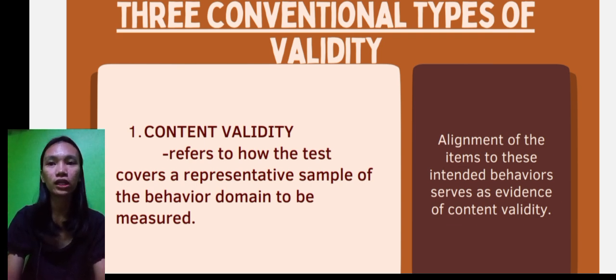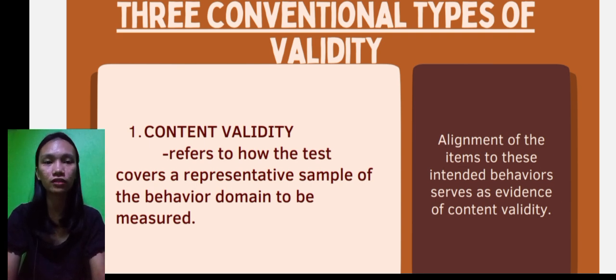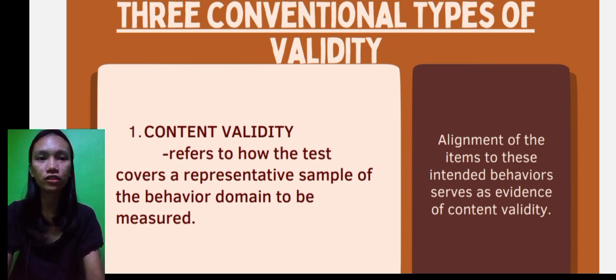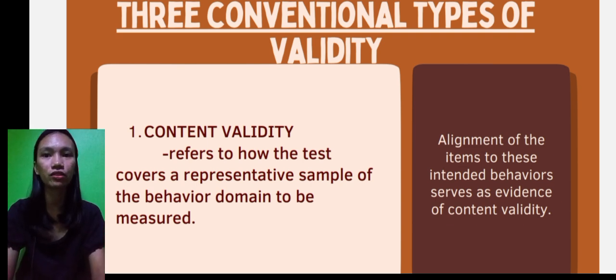This ensures that the test accurately reflects the intended construct. This type of validity assesses whether the test content covers the full range of the concept it aims to measure. For example, a math test should cover a variety of topics relevant to the mathematical abilities it seeks to assess.